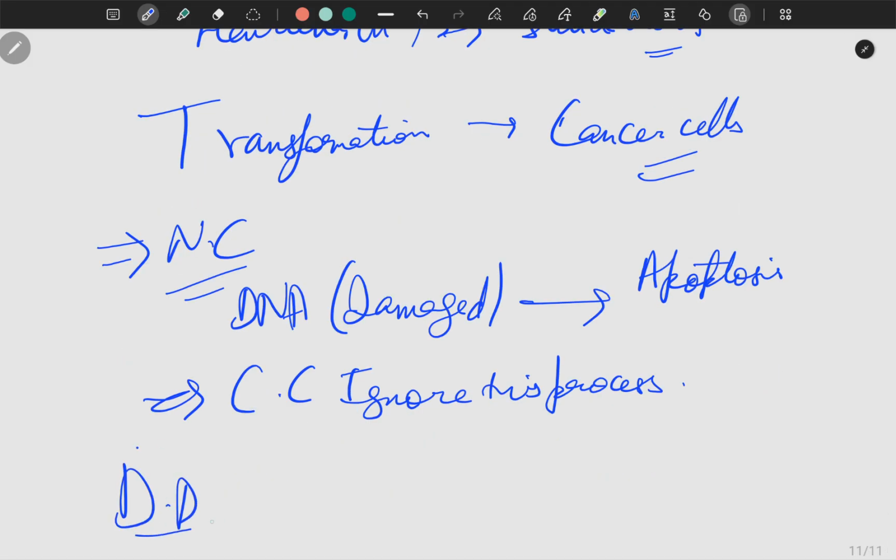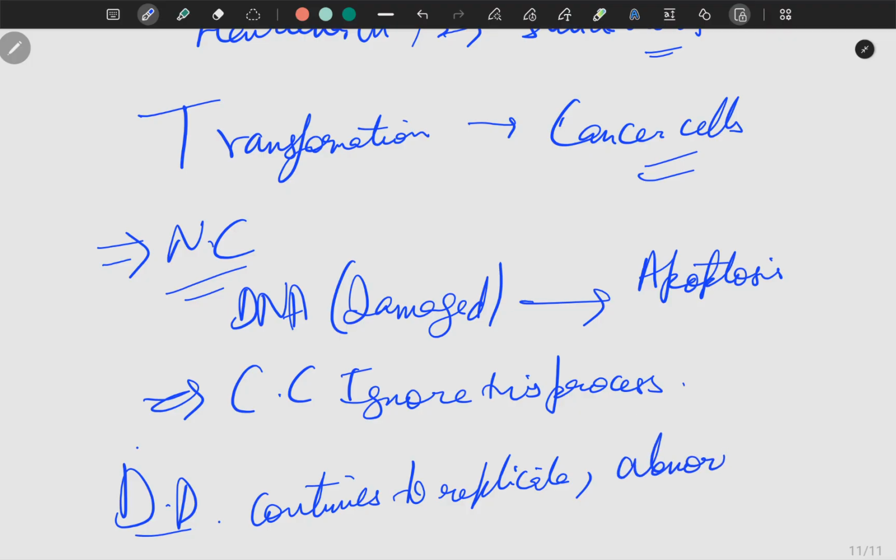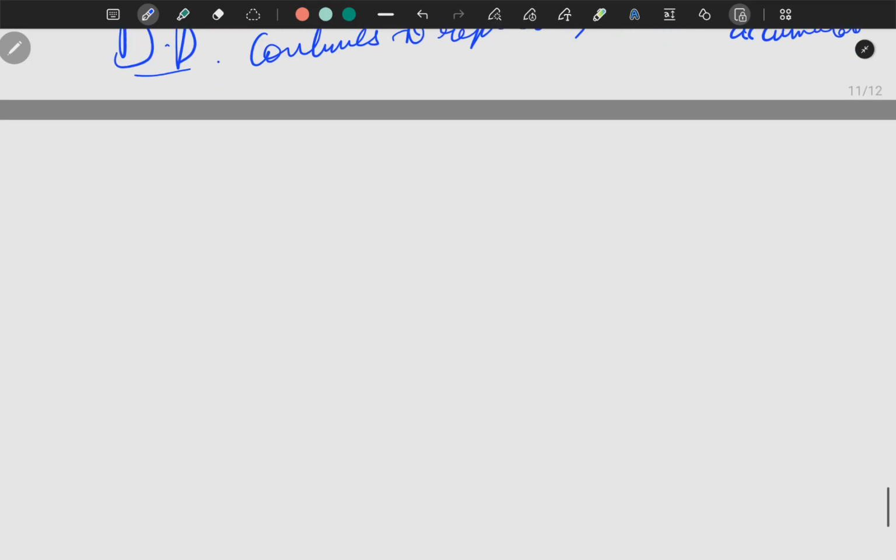Damaged DNA continues to replicate or divide. The cancer becomes more aggressive, abnormalities accumulate together, and finally form a tumor. Cancer forms from one single abnormal cell.